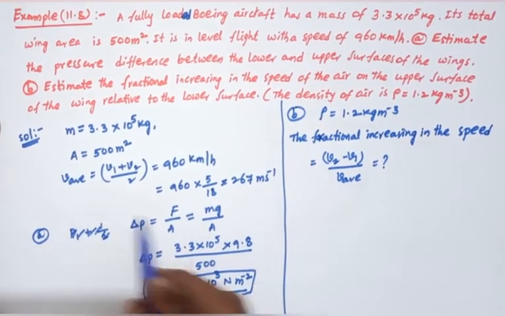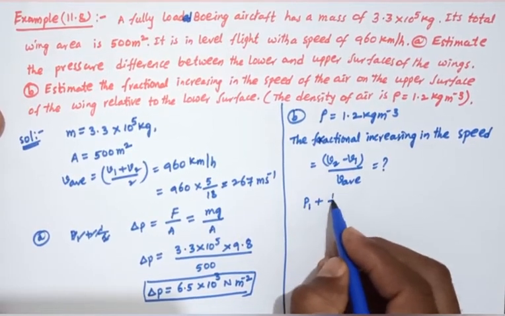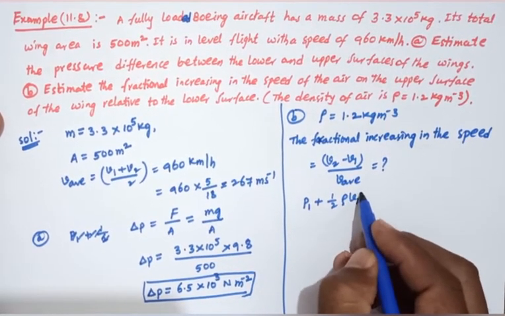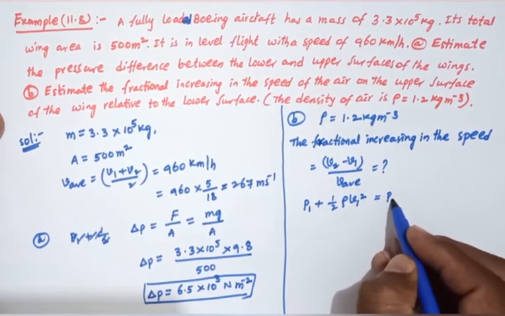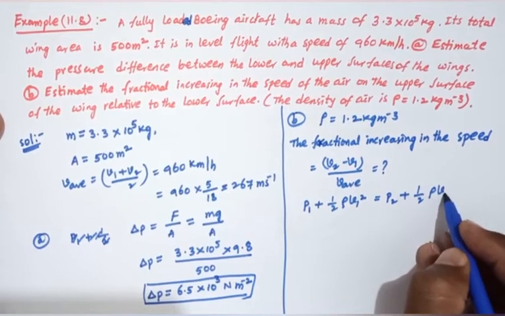From Bernoulli's equation, P1 plus half rho V1 square equals P2 plus half rho V2 square.